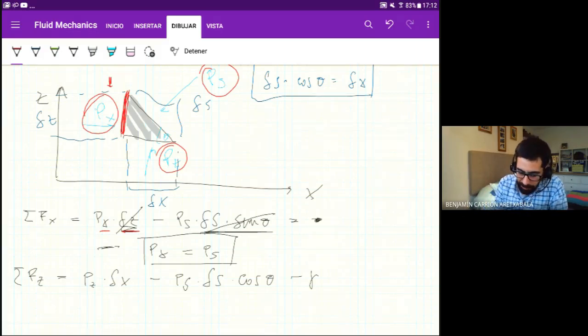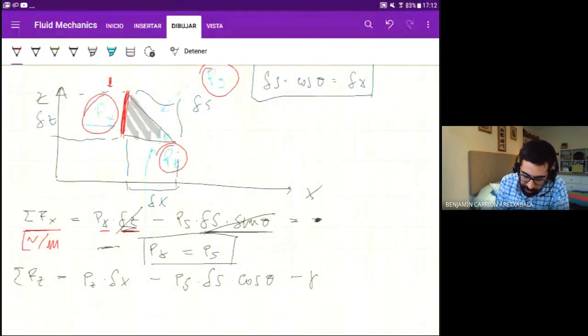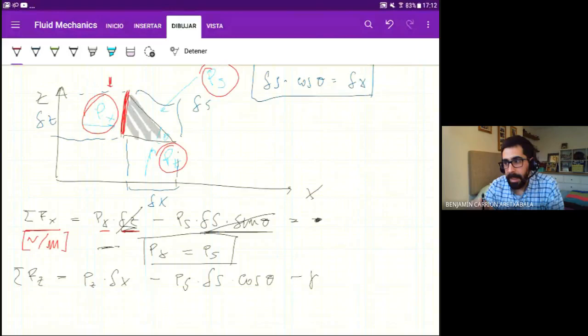Where these guys here are measured, if you want, in Newton per meter, because we're missing one dimension, right? In the slides, it shows the 3 dimensions, but I think it's easier just to look at it in a plane.